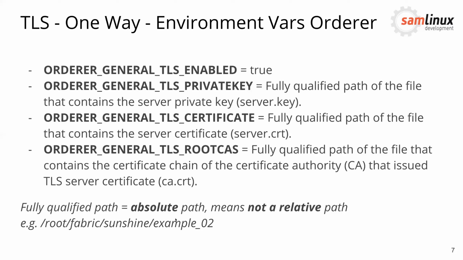That means that's an absolute path and not a relative path. An absolute path in the Linux environment starts with the /. So a fully qualified path is an absolute path, and it starts with the root and the /, and it's always from the root to the point where the file lives. That's important to know.